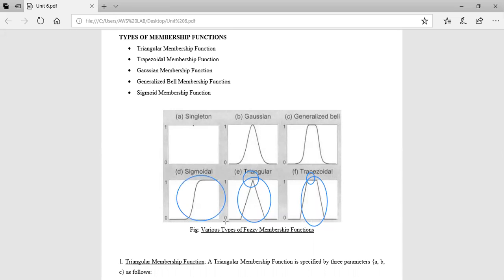So, Gaussian and generalized Bell. The Gaussian membership function and generalized membership function both will be represented in the same way; the only difference is to look into the edges of Gaussian and generalized. Just as a triangle has one sharp and one not sharp, in the Gaussian also the upper curve will not be sharp.